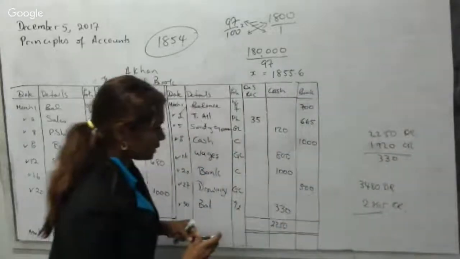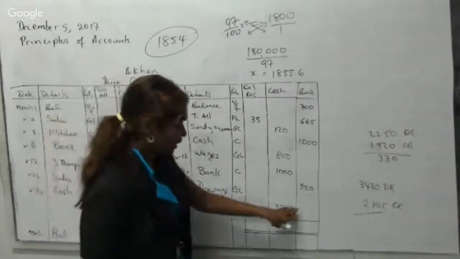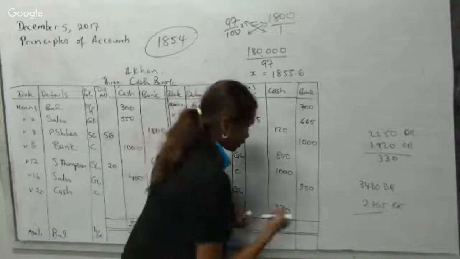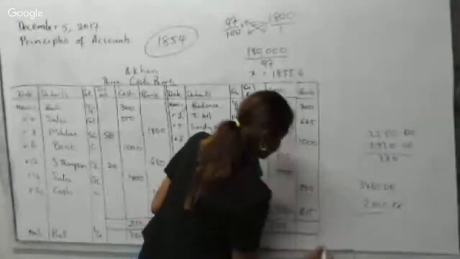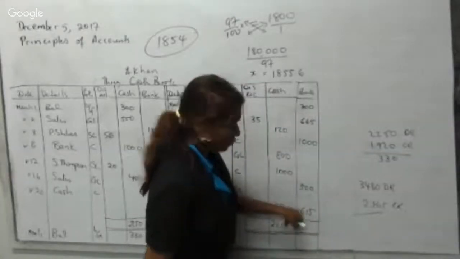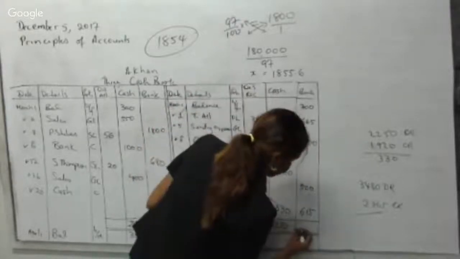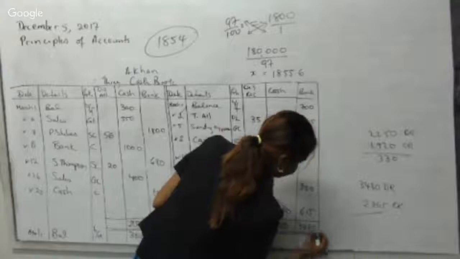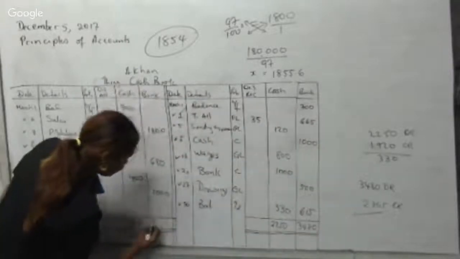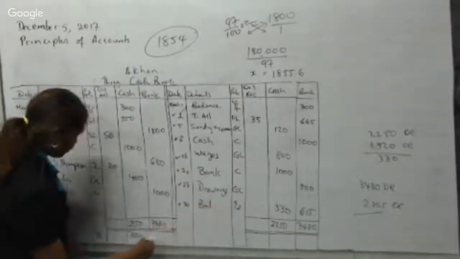Certainly you realize that the credit side is smaller, and that's where the carry down is going to be. So it was 615. We add back the 615 with the balances already there, and we should come back to the figure of 3,480. Balance brought down 615.